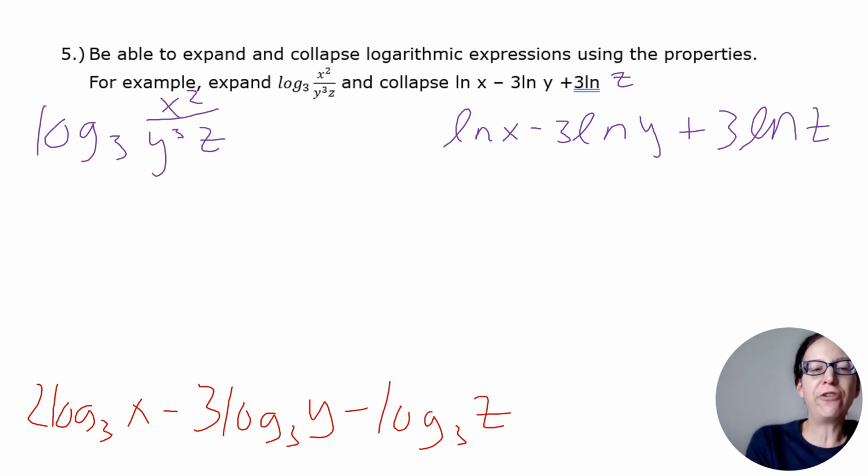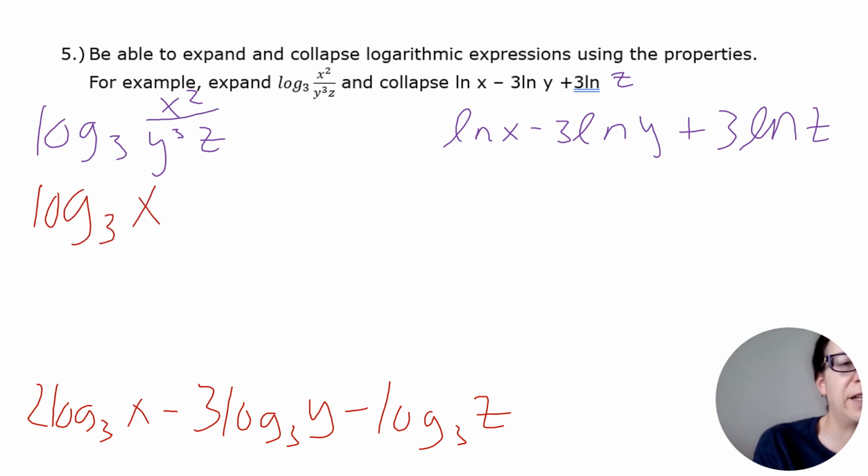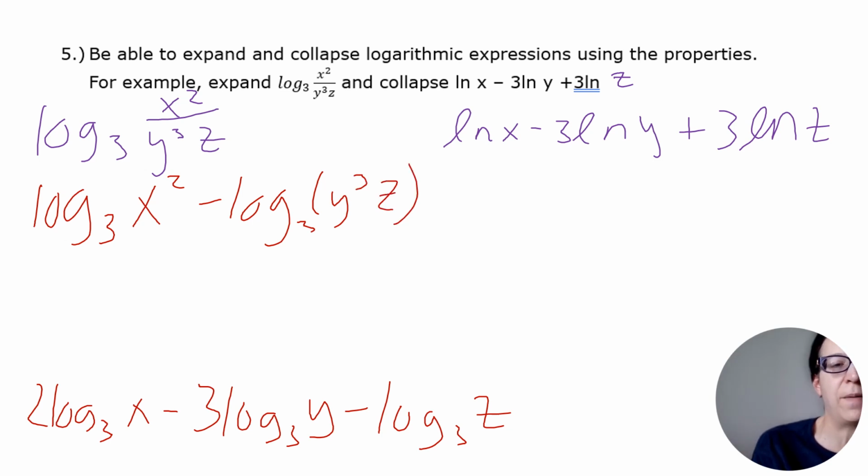It is entirely possible I will not take off points if you do not show work on these, because it's doable without doing any work. Now, if you do need to show the work though, please do. So in this case, we would do the log of the numerator minus the log of the denominator. But notice I did that it's subtracting both the y and the z.